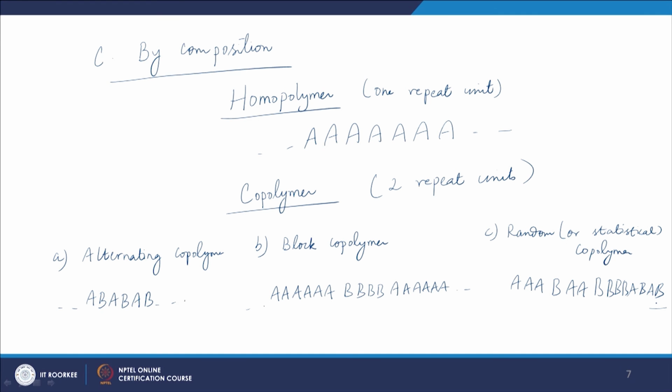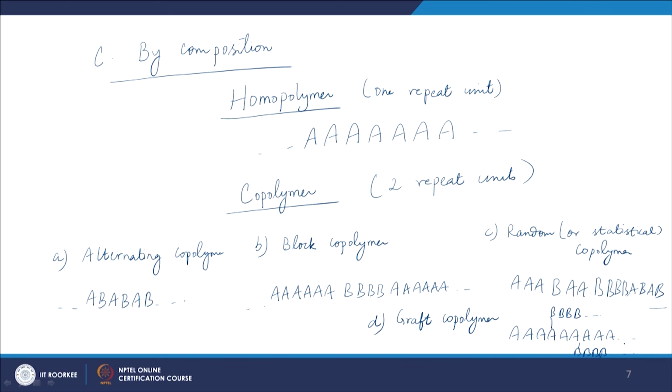Okay. Then there are other types of copolymer like what is called a graft copolymer, that is like you have the main chain of A's and then you have side chains of B's and so on. Okay.